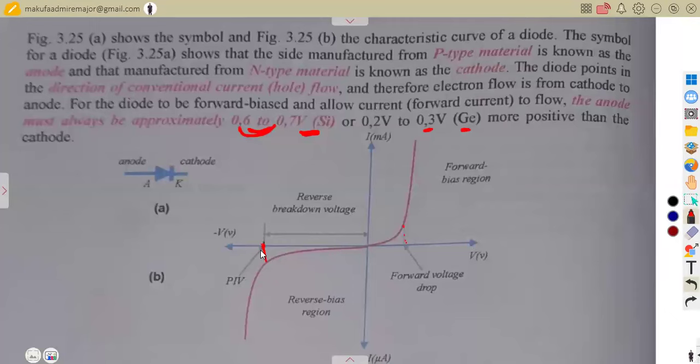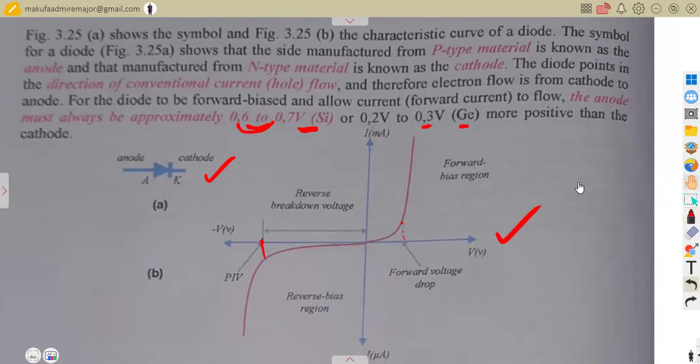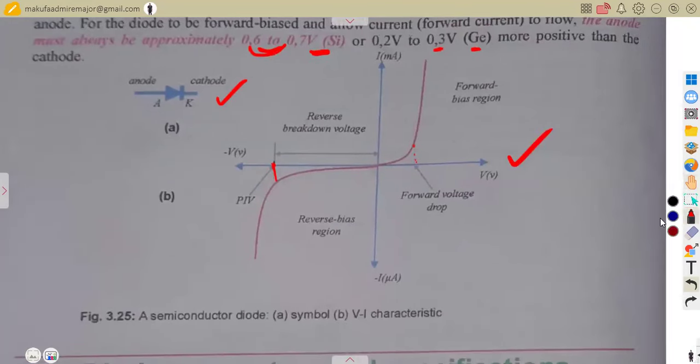This is also referred to as the peak inverse voltage. These are the properties that you need. They are going to need you to draw these characteristics of a diode and the symbol of a diode. So know your symbol and also the voltage-current characteristics of a diode.